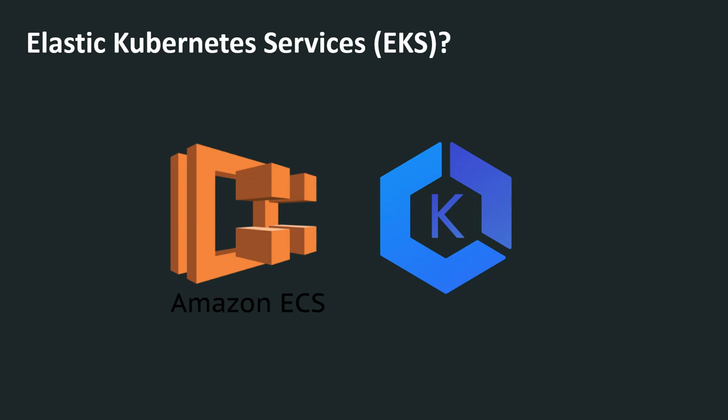So when you create an EKS service or EKS cluster, AWS will provision in the background Kubernetes master nodes that already have all the Kubernetes master services installed on them. So all of that is managed and provisioned for you. You don't have to worry about master nodes for your Kubernetes cluster.